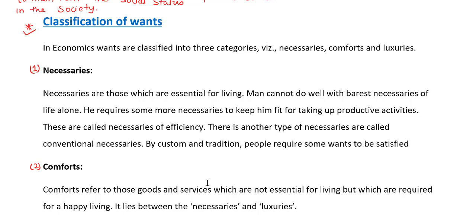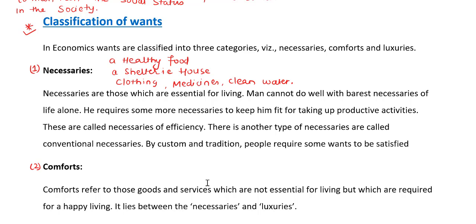Necessaries are something which a consumer wants for livelihood: healthy food, a shelter, that is a house, clothing, medicines, clean water.